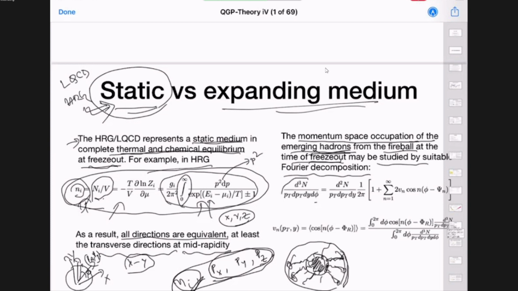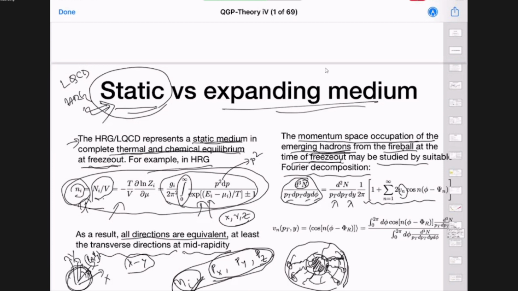So you measure this in a given pT, y, phi bin, how many hadrons are there, and then you expand, keeping the same pT and y. Let's say we expand in the Fourier series in phi. So basically we want to look at the azimuthal dependence.